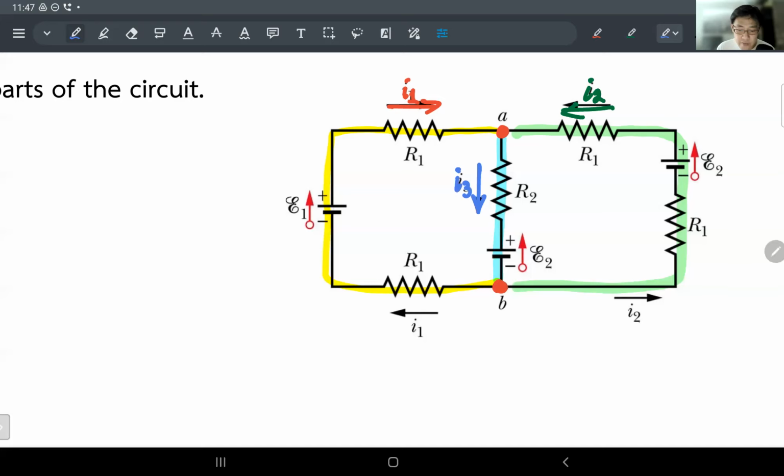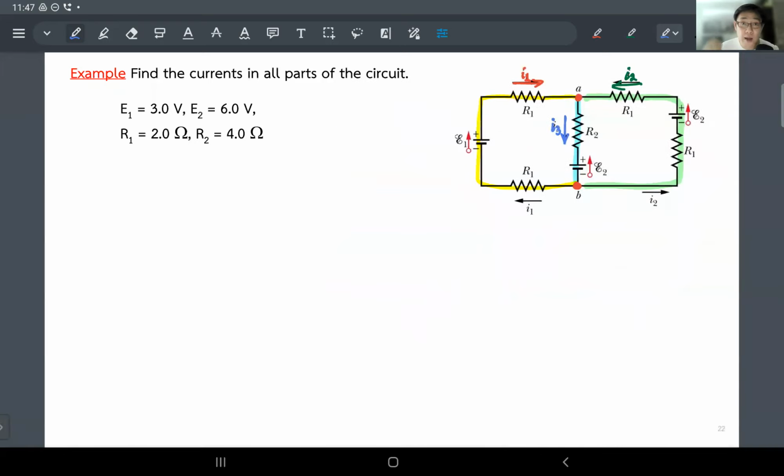Once I have that, I'm going to show you how to apply Kirchhoff's rules, those 2 rules, the junction rule and the loop rule. Take a look at this. I will find out what is going on at junction A. At A, there is an I1 flowing in, I2 flowing in, and I3 flowing out.